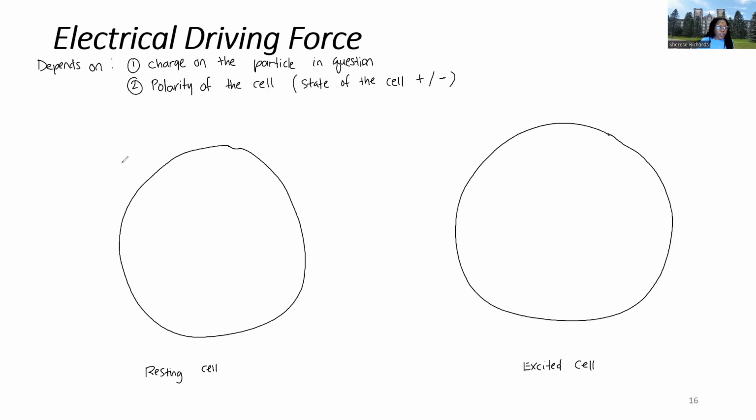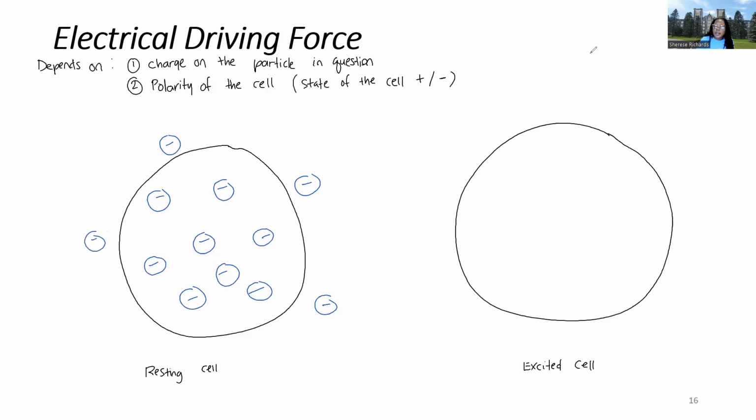So on this cell, we've got a lot of negative charge on the inside of the cell, overwhelmingly negative charge inside the cell, and then we've got less of a negative environment outside, okay?